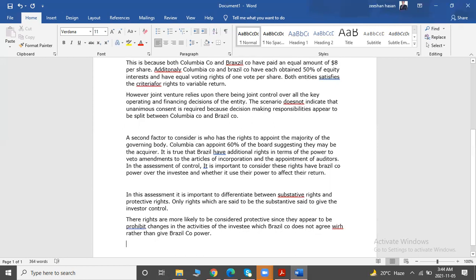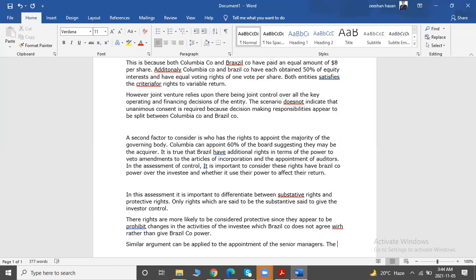A similar argument can be applied to the appointment of the senior managers.